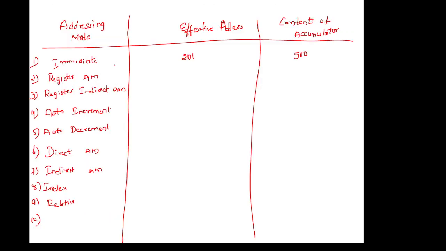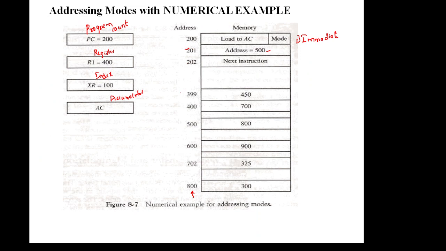The content of the accumulator will be 400, and the address is not specified. So that is the register addressing mode.